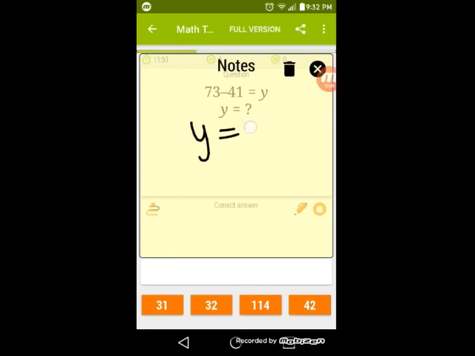So y is equal to 73 minus 41, which is, I've just rewritten exactly what's already up there. Simplify that, it becomes 32. Right? Because 32 plus 41 is 73. Yes, so 73, take away 41, you're left with 32. And let's look for 32 down here. Yes.